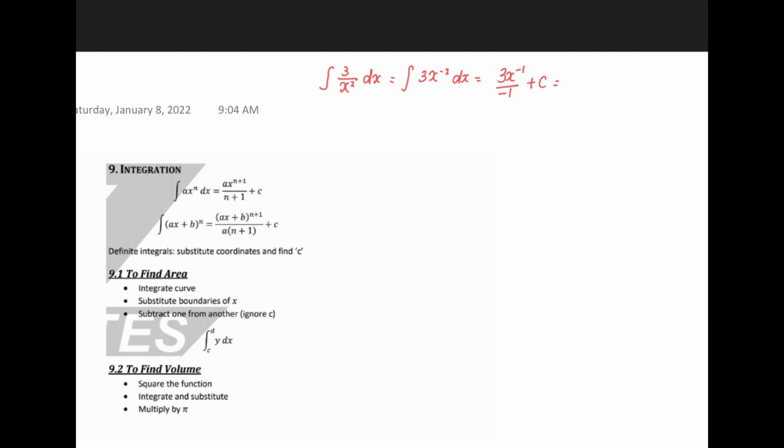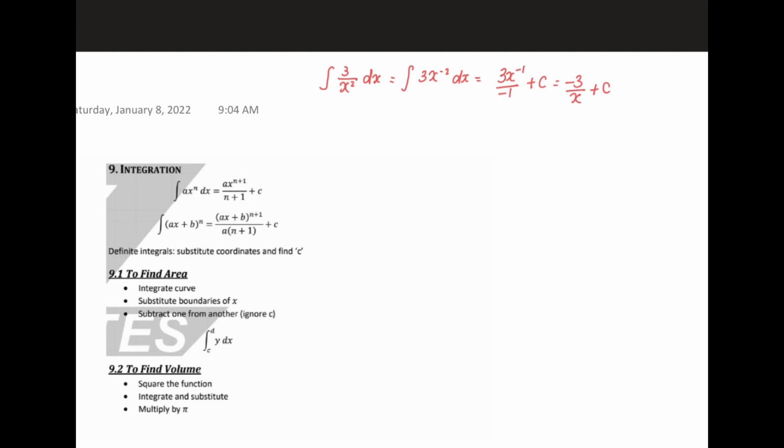First we divide the number, 3 divided by negative 1, that will be negative 3. And then the x to the power of negative 1, we bring it down to the denominator, it becomes x to the power of 1 plus c. So that is how we apply the formula.